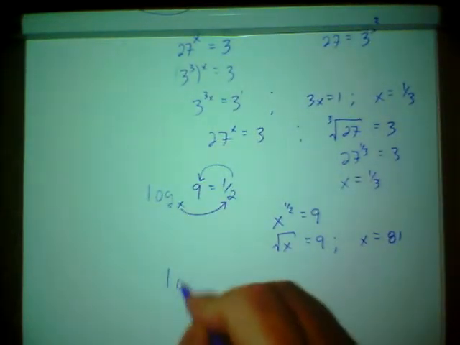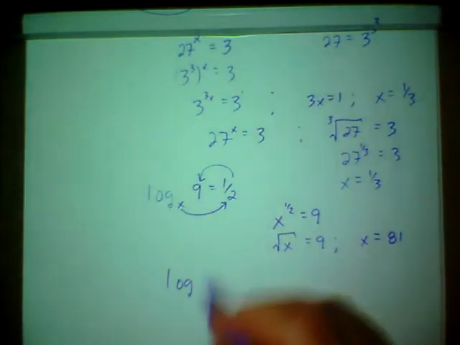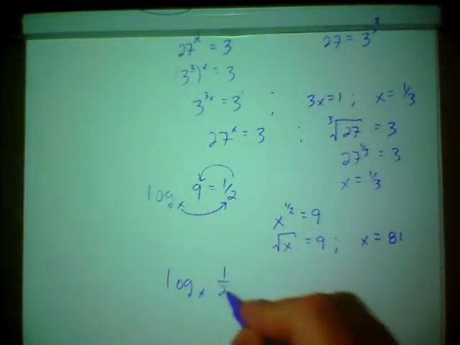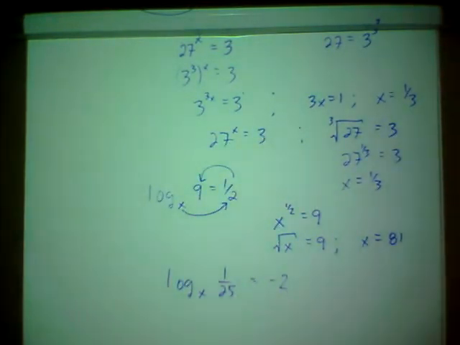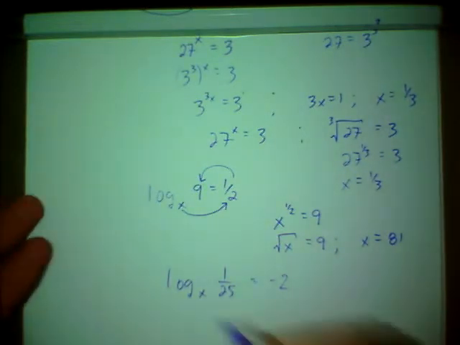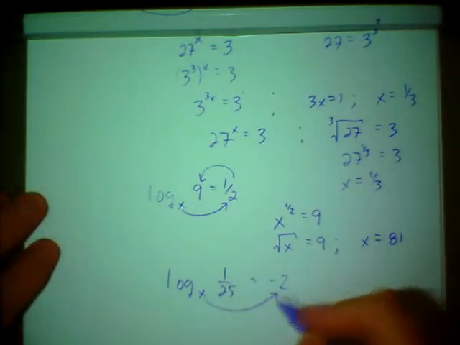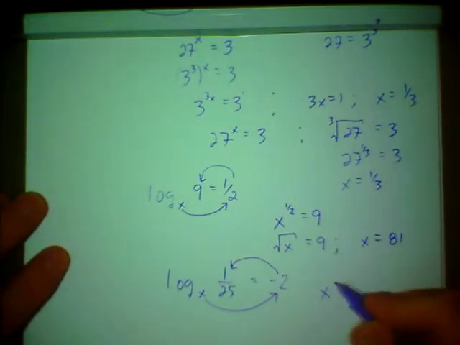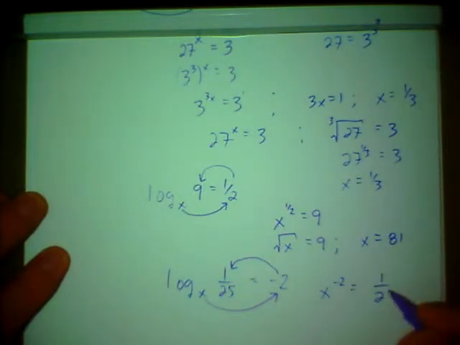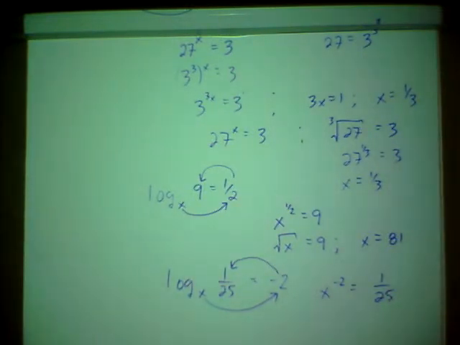How about log base x of 125 equals -2. So once again, let's write this as an exponent. Go to the right and then circle back around, and we have x to the -2 equals 125. Now, of course, we have a negative exponent, which I want to get rid of.